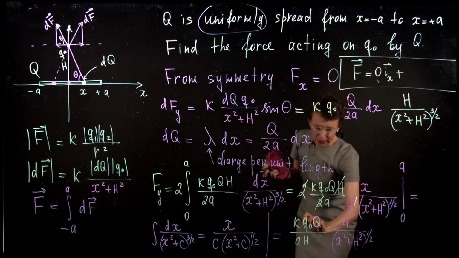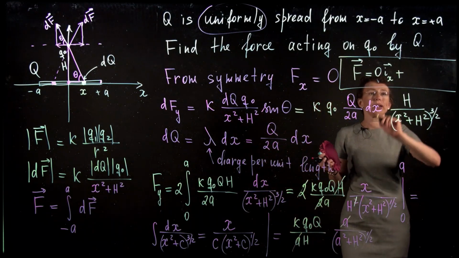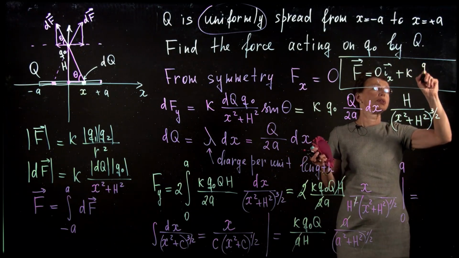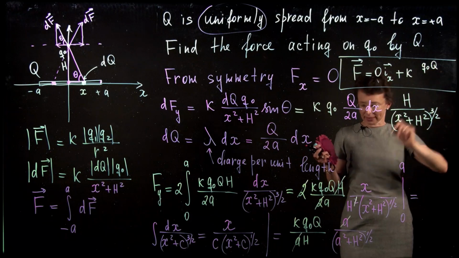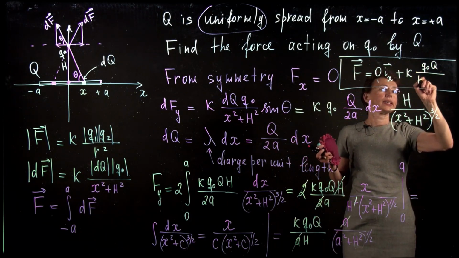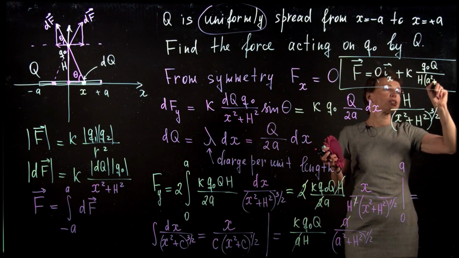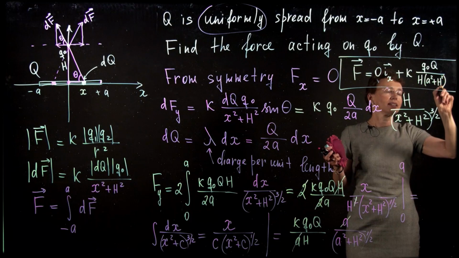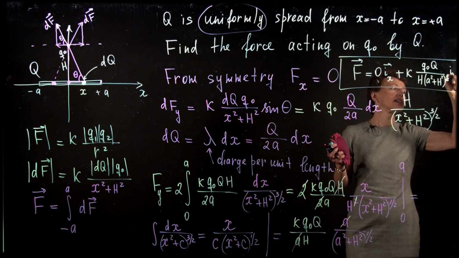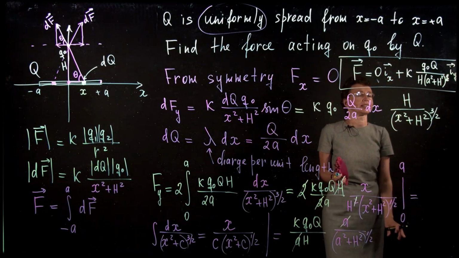And the y component, let's simplify it. So here is a and here is a. The y component will be k q naught q divided by h, and then a squared plus h squared to the 1/2. And this is the y component. This is our final answer.